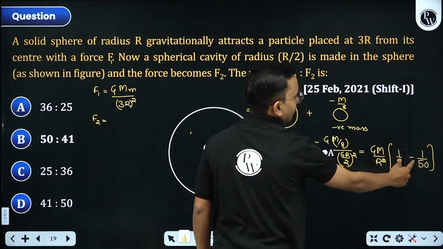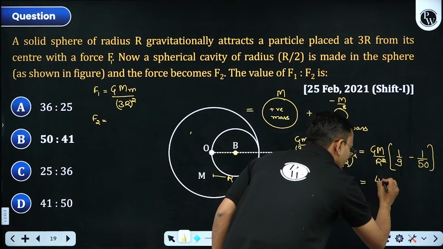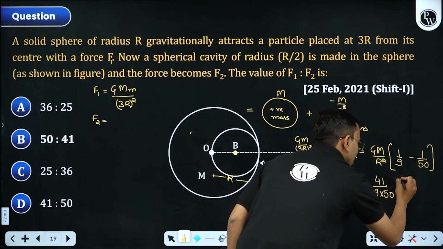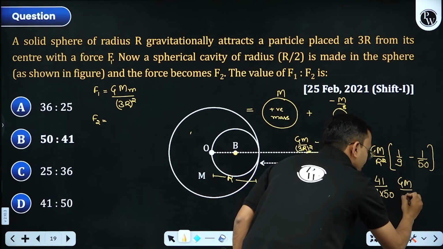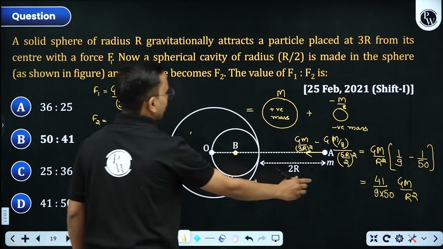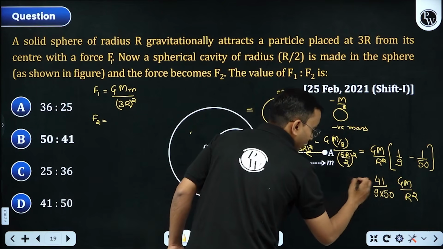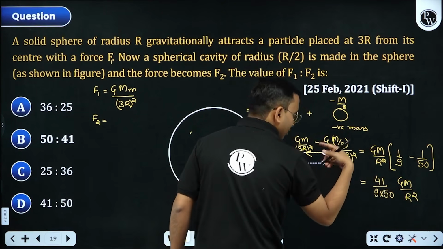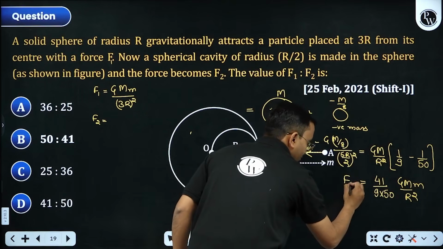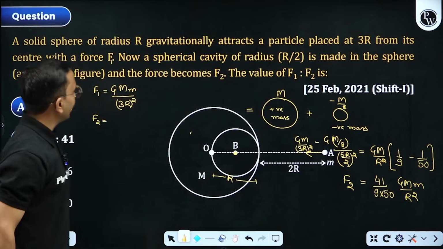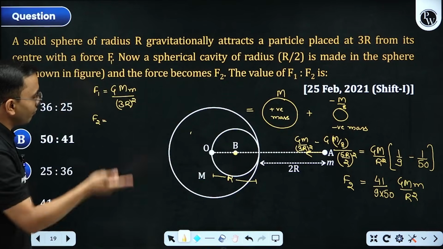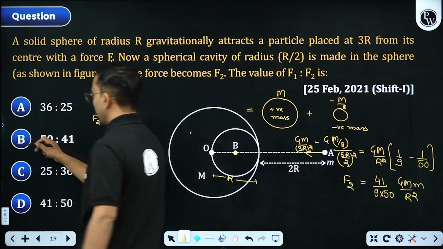This will become 41 divided by 9 into 50, into GM by r square. I need to find the ratio, therefore I am not multiplying that with 50. This becomes my F2. This is my field. I need to write the force, so I'll multiply with small mass m there. So this becomes my F2. I need the ratio F1 by F2, and that will become 50 by 41, that is option B.